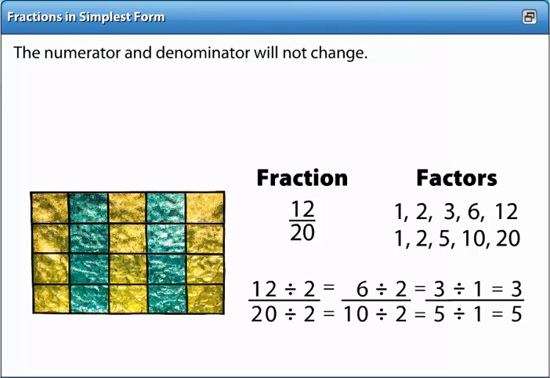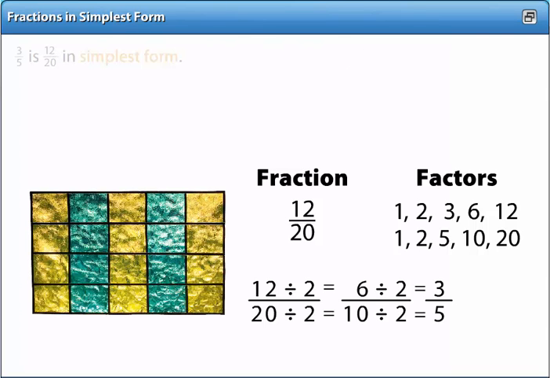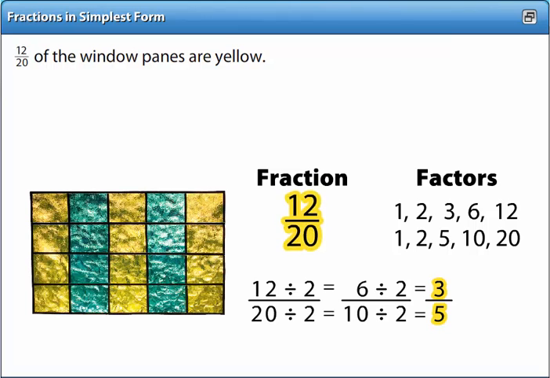The numerator and denominator will not change. 3/5 is 12/20ths in simplest form. 12/20ths of the window panes are yellow. 3/5 of the window panes are yellow.